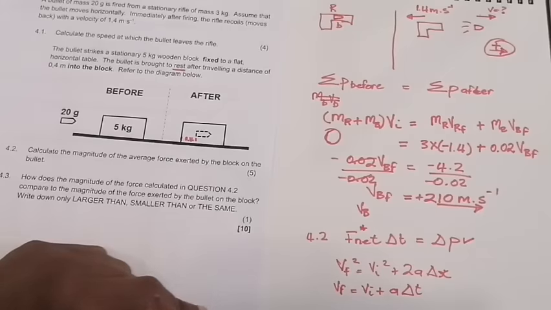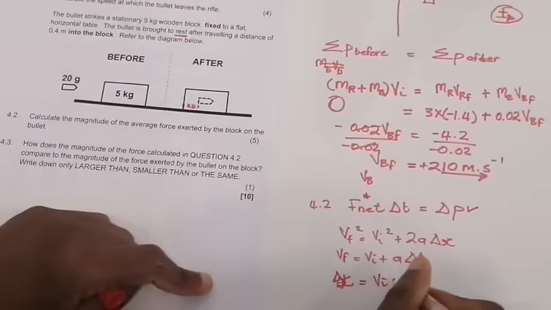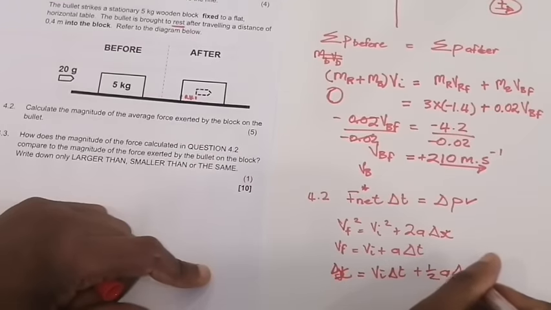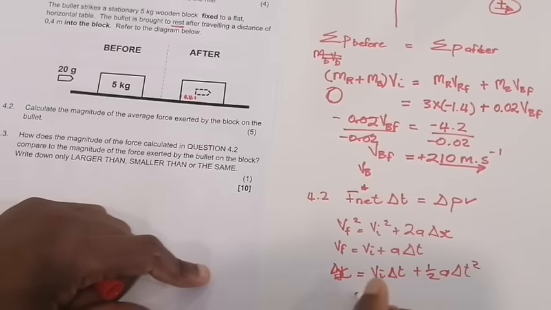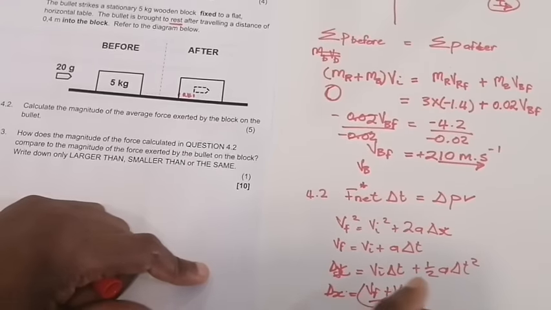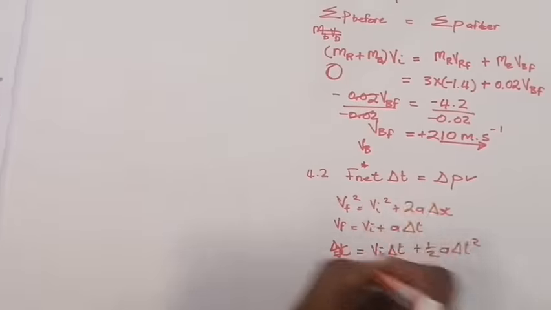Please remember we are looking for time in this case. Another one is delta x equals Vi delta t plus 1 over 2 a delta t squared, and another one says delta x equals Vf plus Vi over 2 times the change in time. Now we've got these 4 equations.